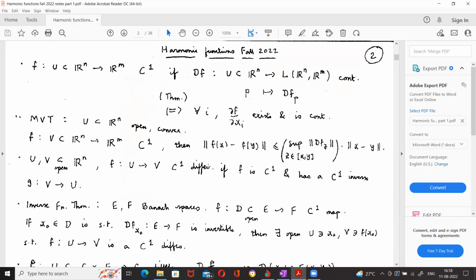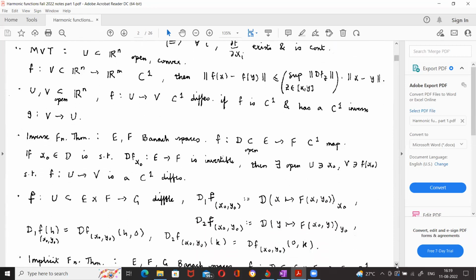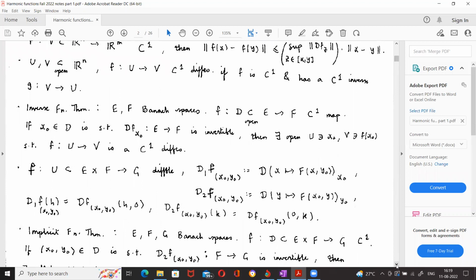Okay. So now, what is a C1 diffeomorphism? It's a map between open subsets of R^n which is C1 and has a C1 inverse g from V to U. And now we can state the inverse function theorem. In generality, this is true for Banach spaces.